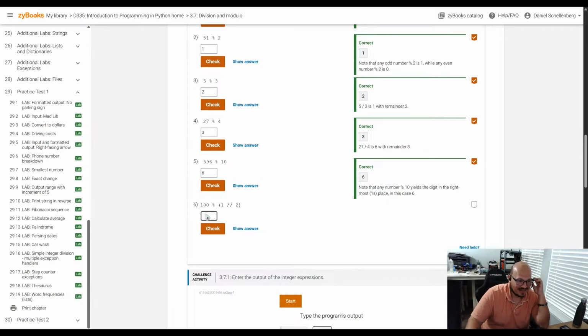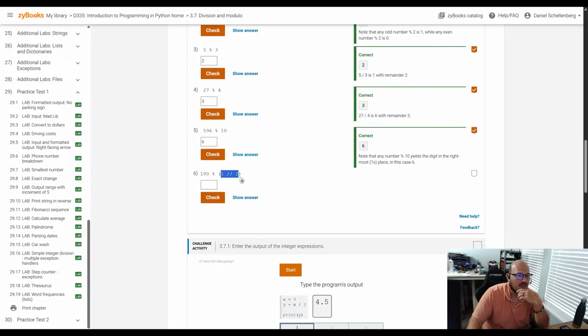All right. Ooh, this one's interesting because now we have the parentheses taking precedence, right? So we're going to do 1 divided by 2, which is 0.5.